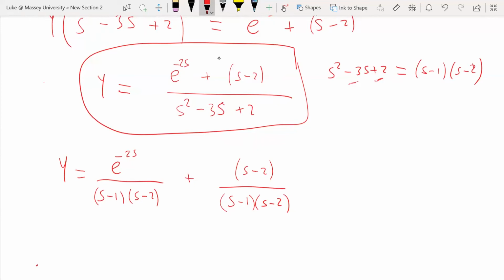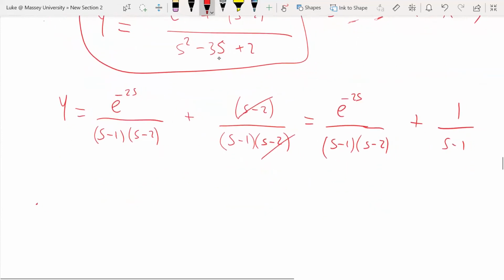The second one's nice because the s minus 2's are going to cancel, and so this is just going to be 1 over s minus 1. So that second one is just this very simple exponential. The first term I do have to use some partial fraction decomposition on.